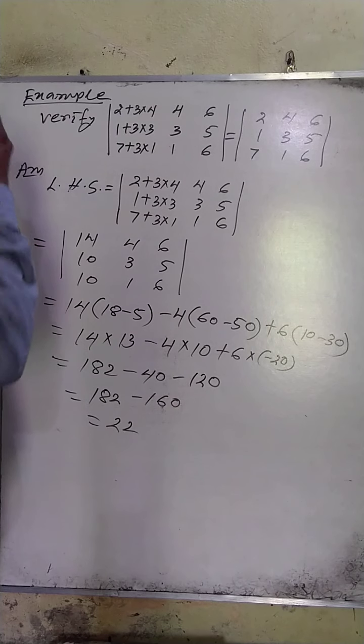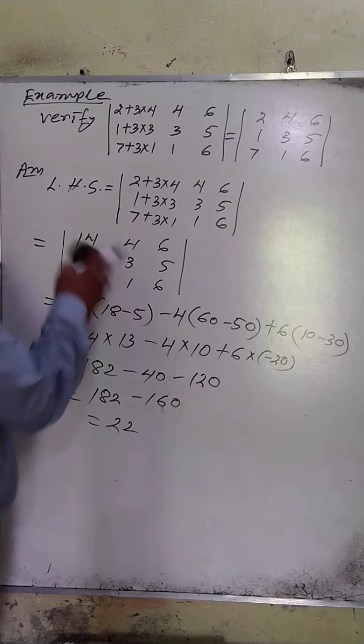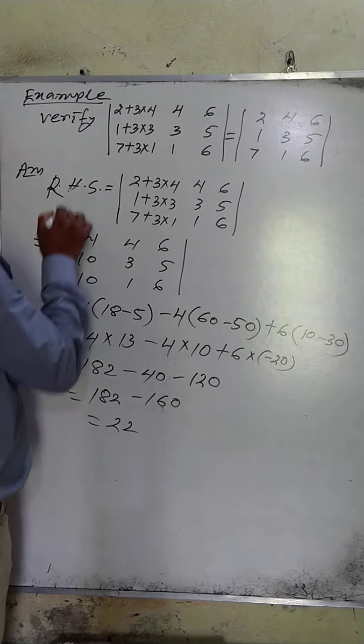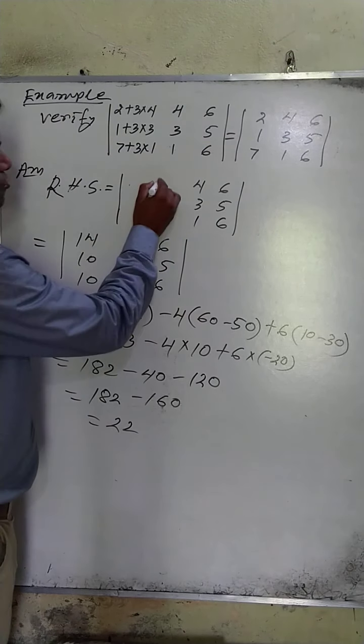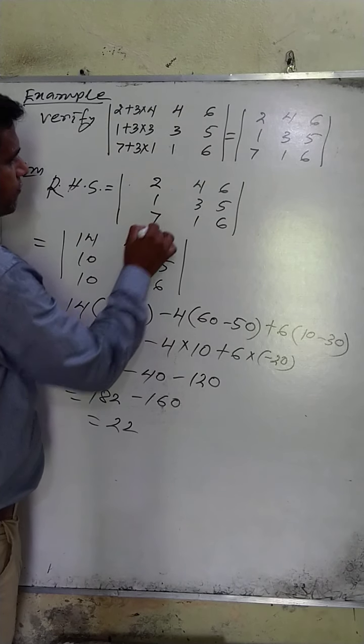Now we take the right hand side, RHS. Here we write 2, 4, 6, 1, 3, 5, 7, 1, 6.